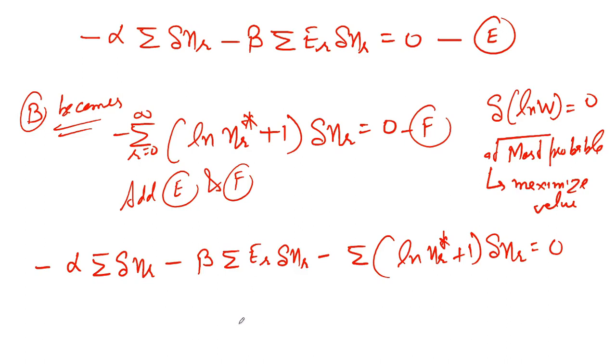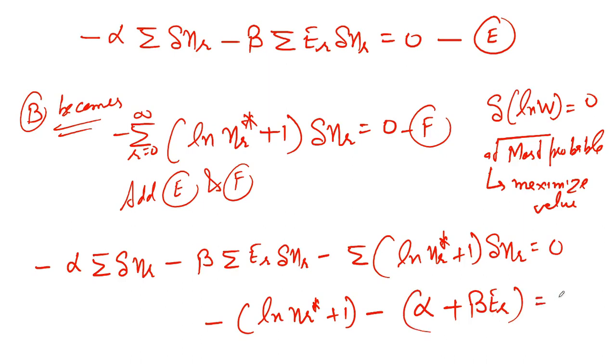So when I combine all those equations, this becomes minus log of nr star plus 1 equal to minus of alpha plus beta into er, equal to 0. So if I remove all those summation values, that is summation of curly nr, which is common in each case, we get this equation.